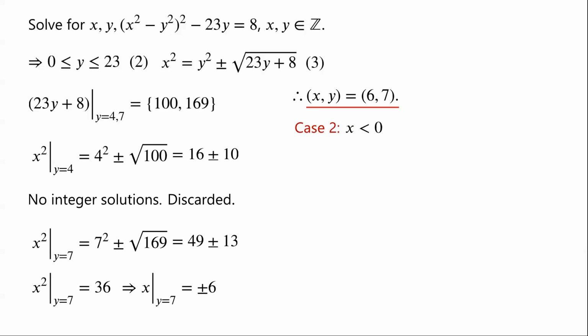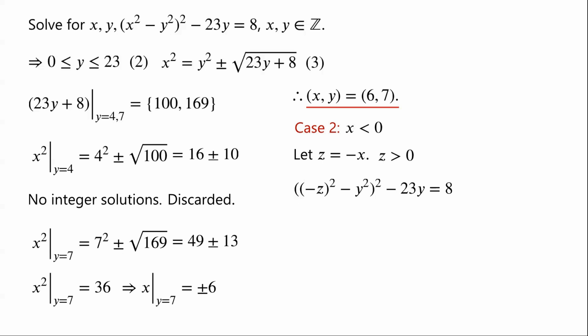Case 2, x is less than 0. We let z equal −x, so z is greater than 0. Now substitute x = −z in the original equation: ((−z)² − y²)² − 23y = 8. (−z)² just equals z².